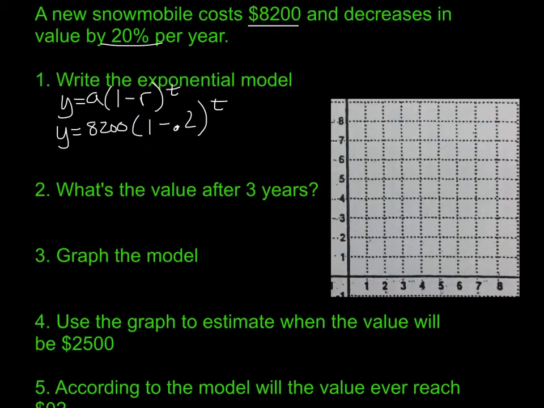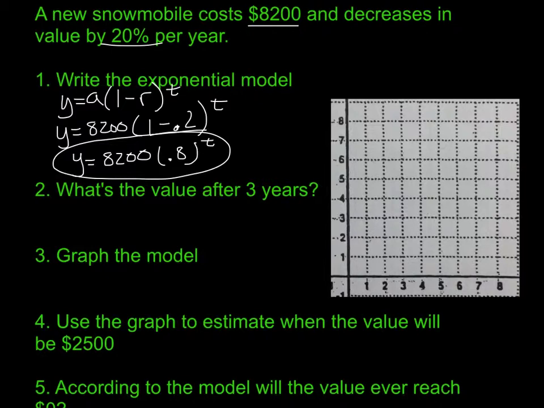And this is pretty good, but I think we'll simplify what's in the parentheses: 8,200, and 1 minus 0.2 is 0.8, to the t. And that's a pretty good general model. And when we talk about any exponential function, the input is the exponent, and I can input whatever number of years I want and find out what my snowmobile's worth.